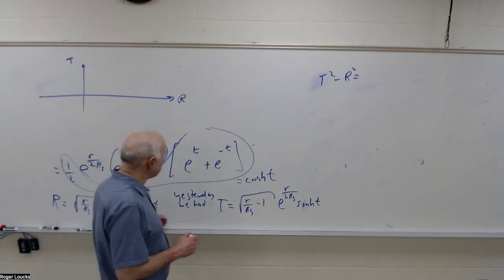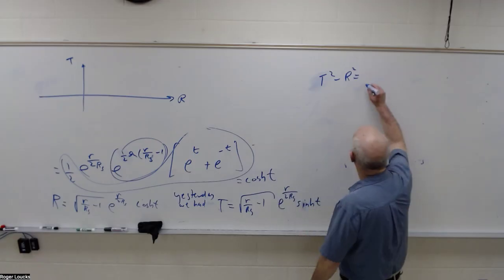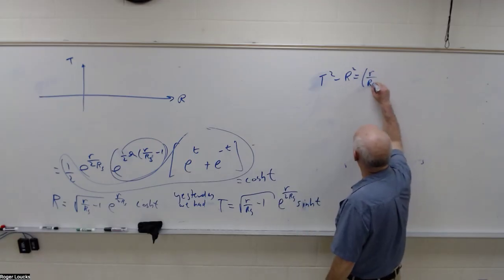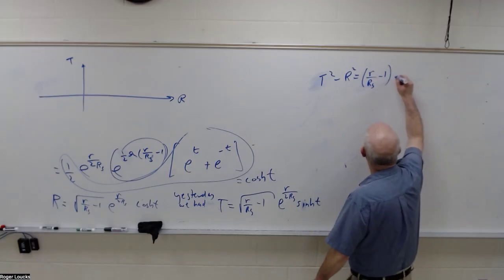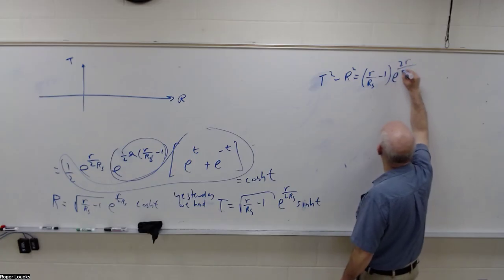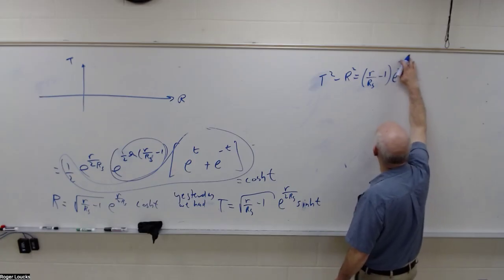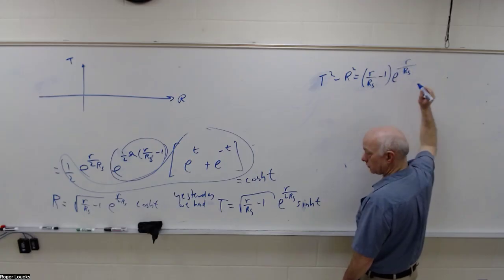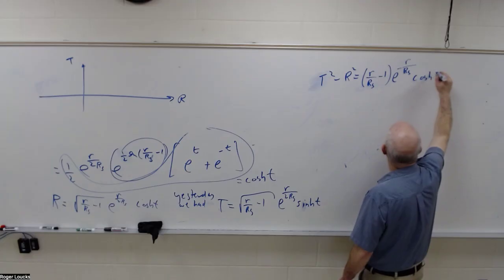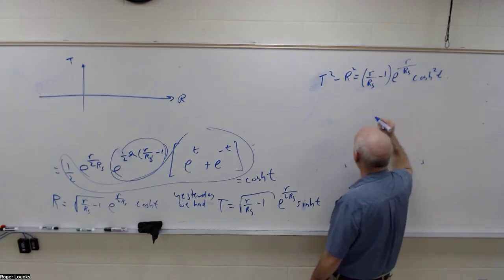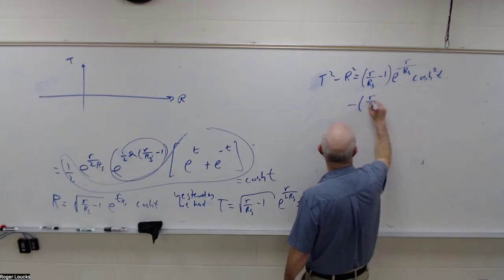Let's work it out. So I get this guy here squared, this guy squared, they cancel. You've got cosh squared of t, and minus the same thing here.